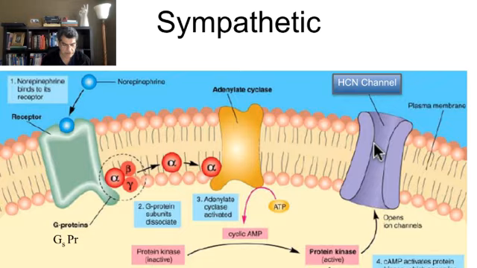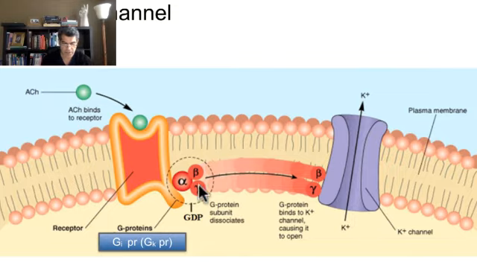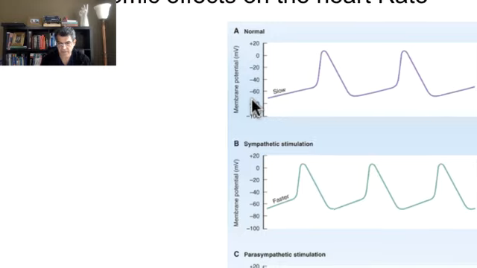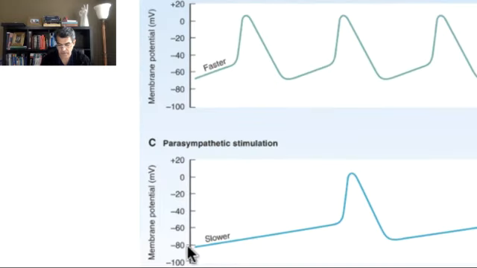That's the first event. The second thing this G protein is going to do is attach to the potassium channel and open it. When you open the potassium channel, potassium is going to leave the cell, and inside the cell becomes more negative. As you can see, my resting membrane potential here, which was around -70 or -60, is now going to go below -80.